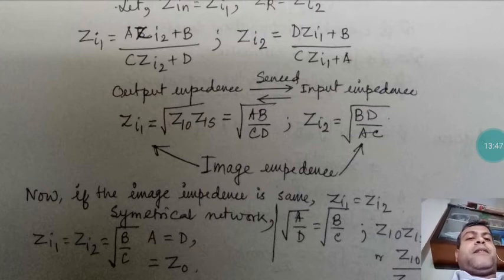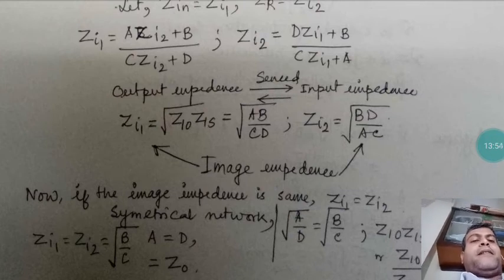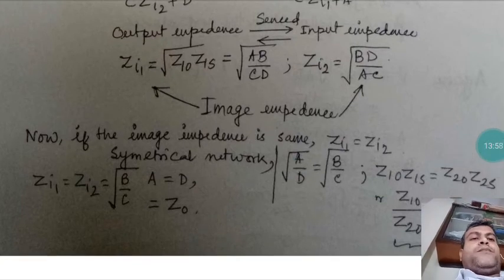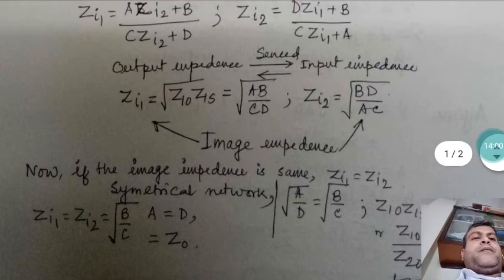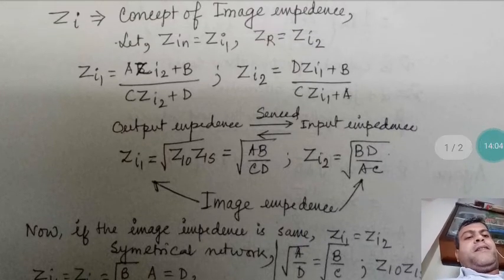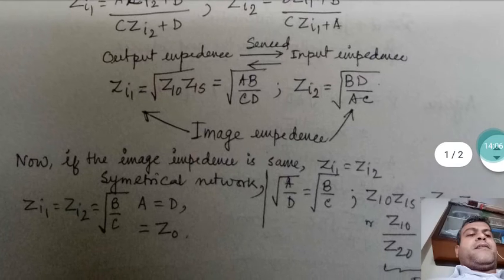Now if the network is also symmetrical, obviously there is one new impedance that comes as Z0. Here one important thing I would like to say is the condition of symmetry and the concept of reciprocity.